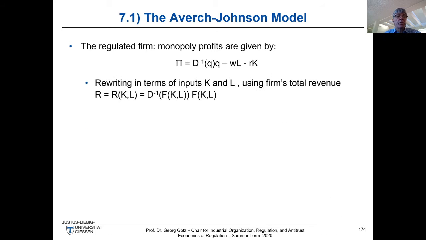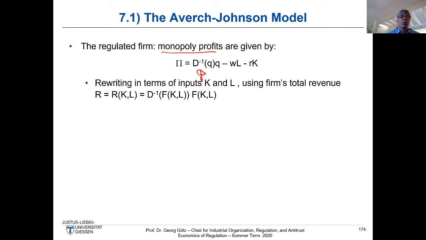What the regulated firm wants to do is maximize its profits, and these are monopoly profits here. This would be the standard problem. D is nothing else than P. So the first expression is just the revenue, and the WL plus RK is just the cost.